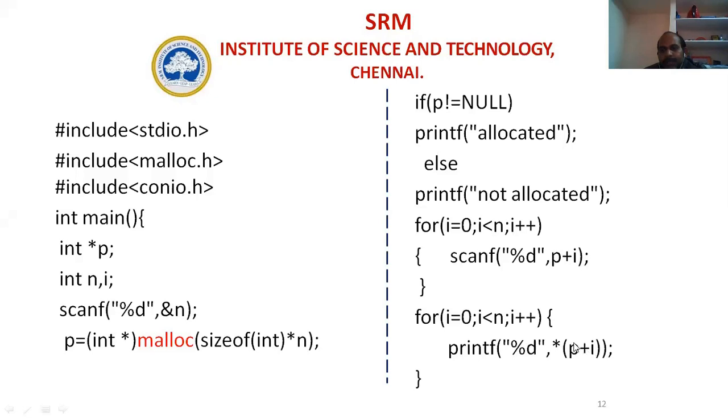So initially p is equal to address 4000. Next, for an integer, it will go to 4002, and print the value at 4002. Again i increases, the next address will be 4004, and it will take the value at 4004. This keeps continuing till it retrieves all the values of the blocks. That's it. So this is the malloc program.